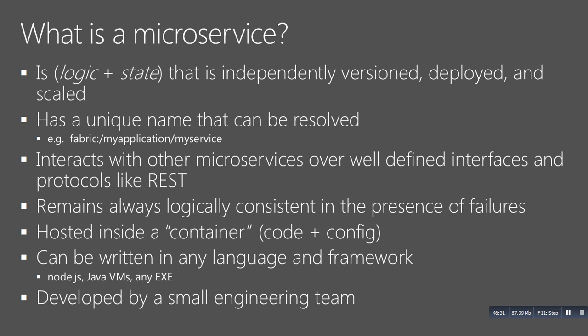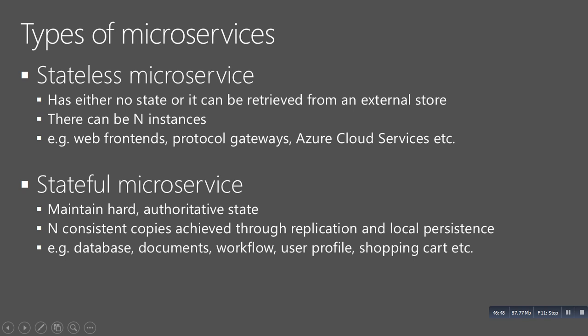The types of microservices are stateless microservices and stateful microservices. A stateless one has either no state, or its state can be retrieved from an external store, like any state management or cache, and there can be multiple instances of stateless microservices. For example, a web frontend or a protocol gateway, as in a cloud service.